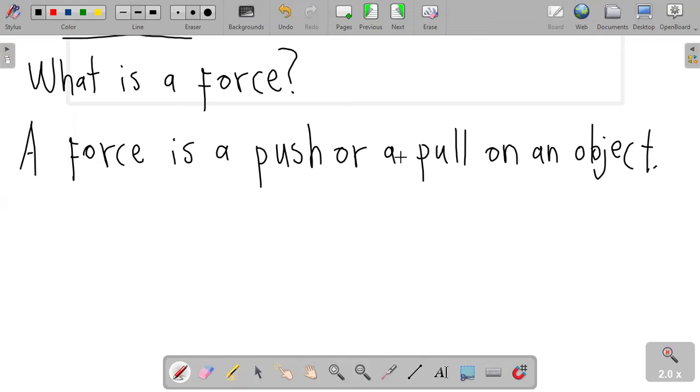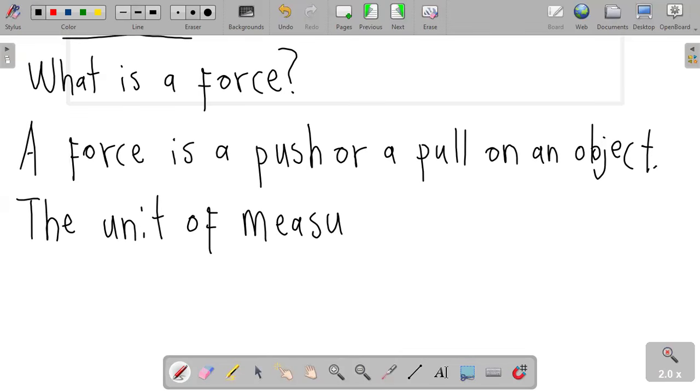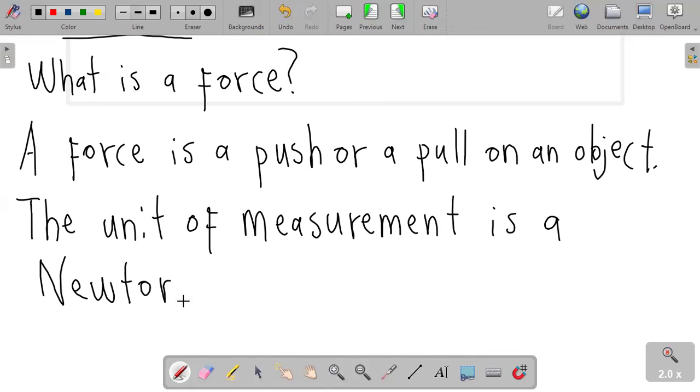The unit of measurement is a Newton. So it's symbolized by the capital letter N. So the unit of measurement of this physical quantity is a Newton.